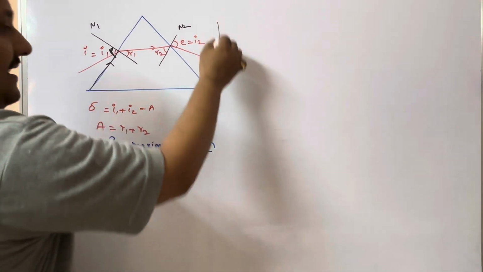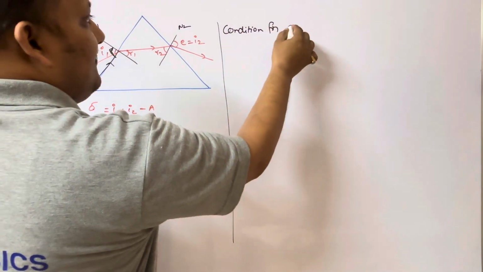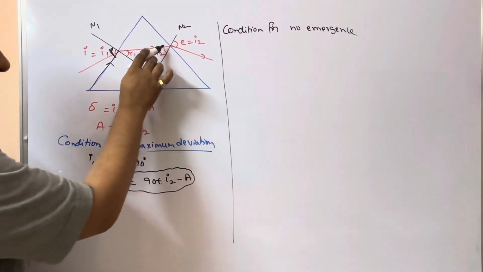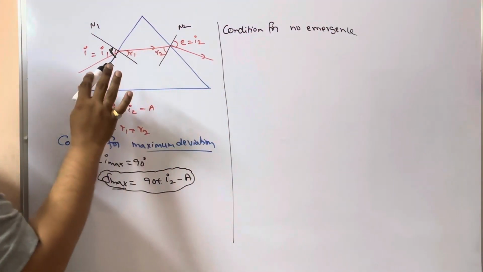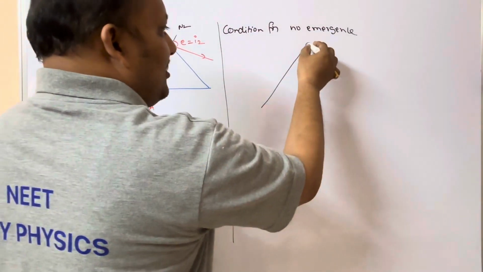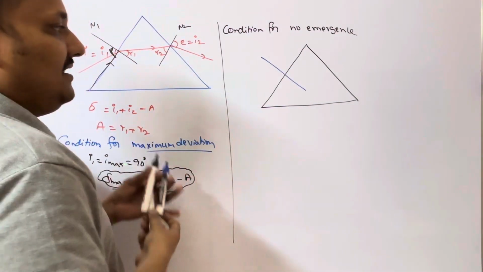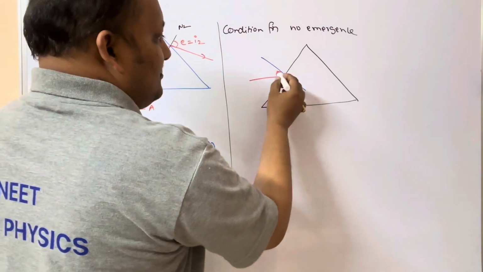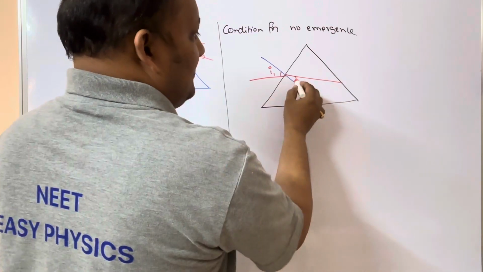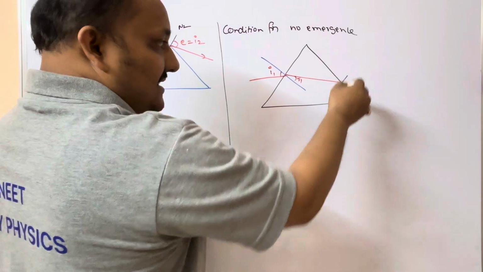Next, condition for no emergence. No emergence means this ray should not go into the medium of air. It should be traveling into the same medium. I am drawing a rough diagram. If this is the prism and this is the normal, the ray is incident like this, I1. It bends like this, R1, and from here it should come into the same medium.